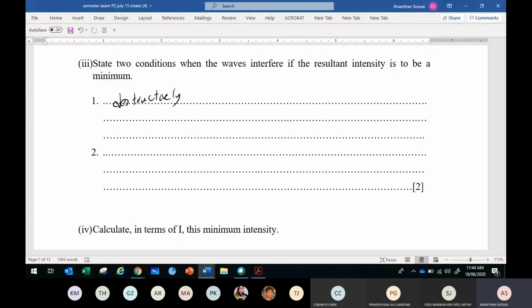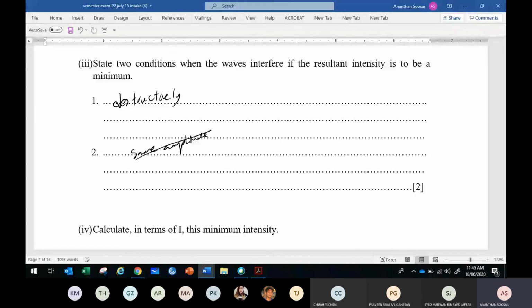And I think preferably same amplitude. What's the answer given? They must meet at a point and same plane of polarization. They must meet at a point.